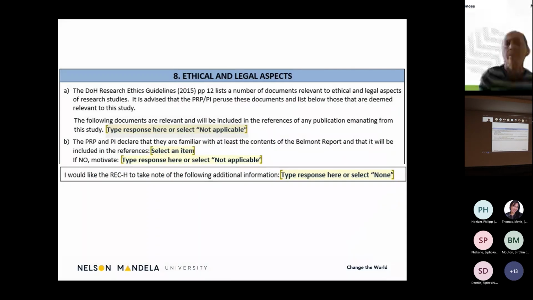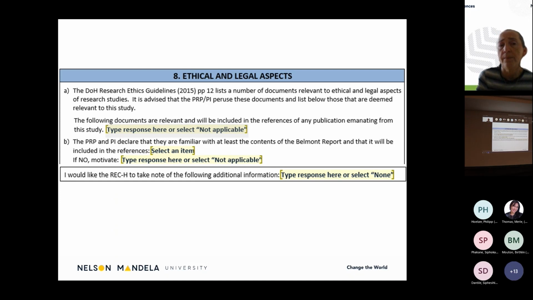So the question is, the following documents are relevant and will be included in the references of any publication emanating from the study. So we do expect that these references, if they relate to your study and they're important, need to be included in your reference list, and then also in any other subsequent publications coming from your study.